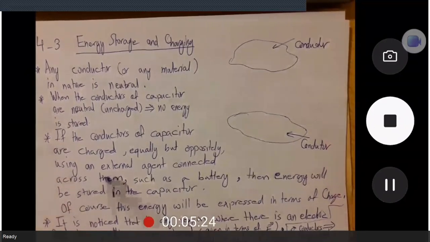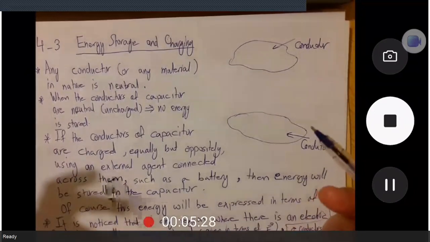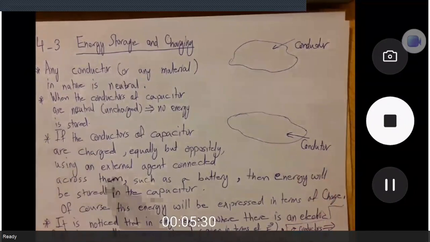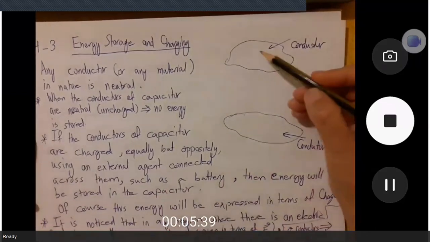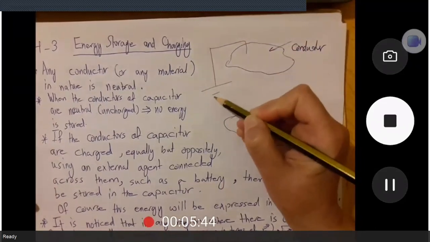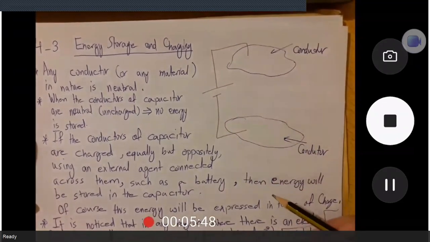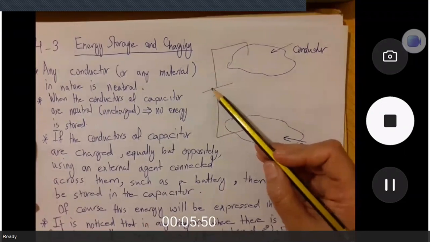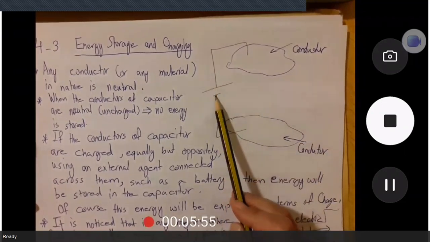How do I charge it? I should have an agent. Something did a job in charging it. How does it happen? By connecting this capacitor to a battery. Let's say this is a battery. I connected it between the two conductors. This one is positively charged. This means the battery has a polarity, positive and negative.